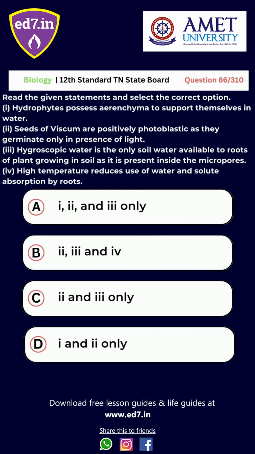Hygroscopic water is the only soil water available to roots of plants growing in soil as it is present inside the micropores. 4. High temperature reduces water and solute absorption by roots.